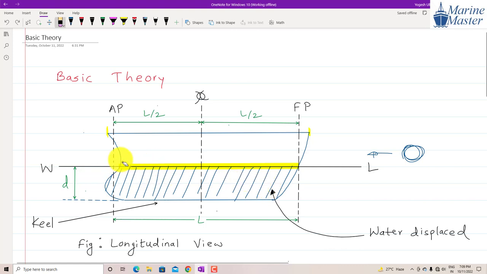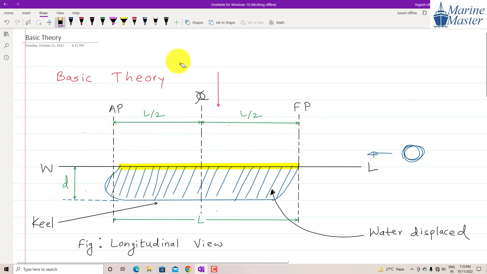We are going to remove the top portion of the ship, and we are observing the ship from the top side after removing this portion.